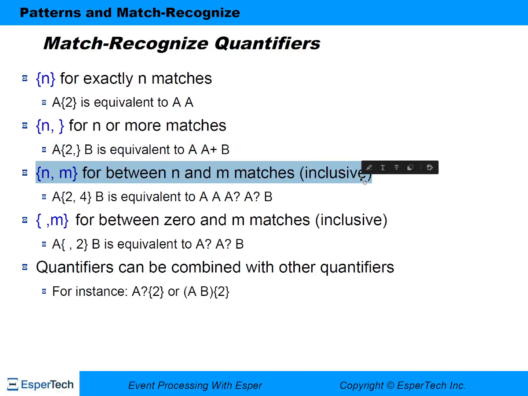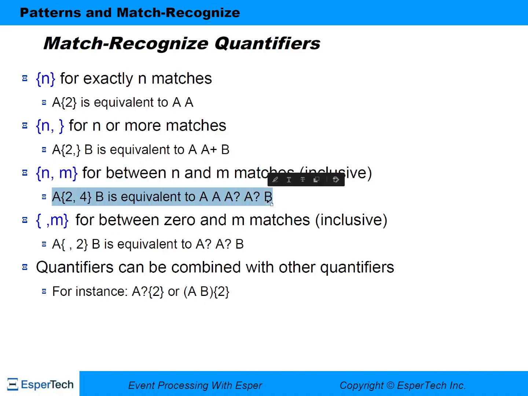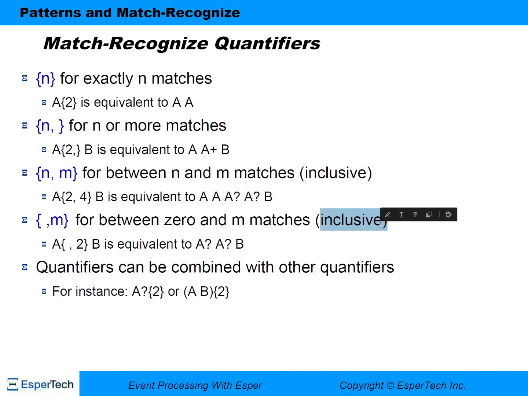Use the quantifier curly n comma m for between n and m matches. The pattern A curly 2 comma 4, B is equivalent to AA A question mark, B. Use the quantifier curly comma m for between 0 and m matches.